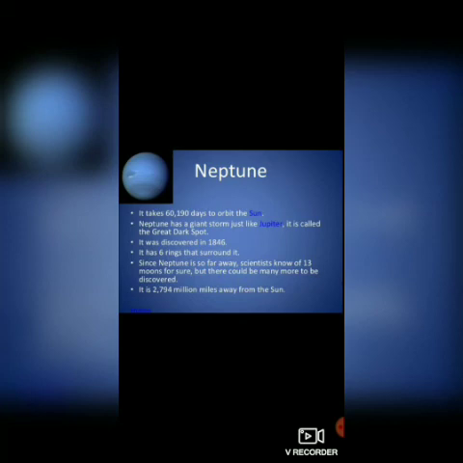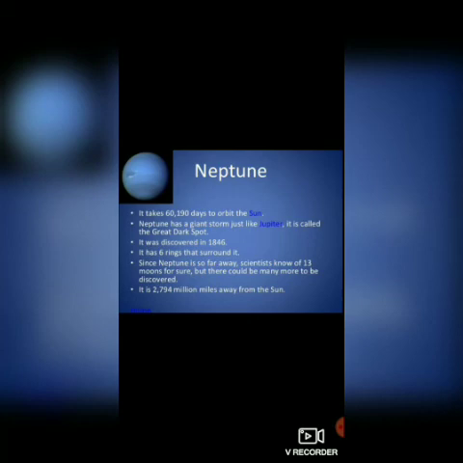This planet was discovered in the year 1846. It also has rings like Jupiter, Saturn and Uranus. It has 6 rings that surround it.